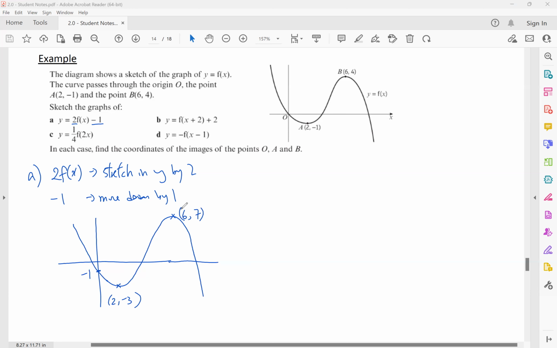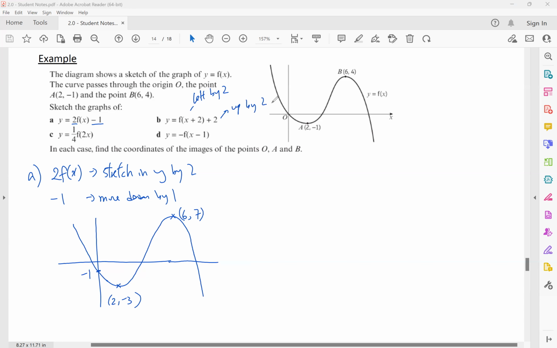Okay, part B. y equals f(x plus 2) plus 2. So this one means a bracket. Think of it like BIDMAS. Everything inside the bracket has priority. So inside the bracket, plus 2 means move left by 2, and then we move up by 2.